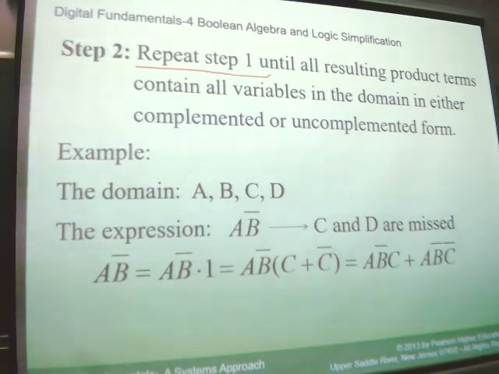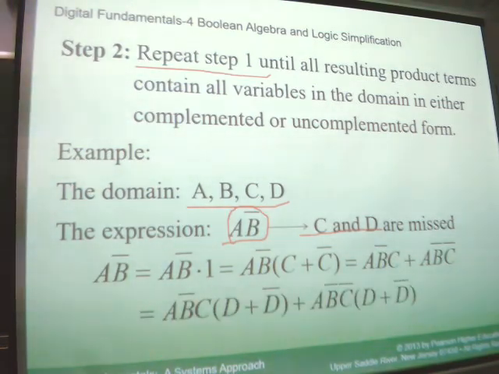For example, if the domain includes 4 variables A, B, C, D, then A, B bar is not a standard product term. So we must add C and D to this product term. So we first use rule 4.